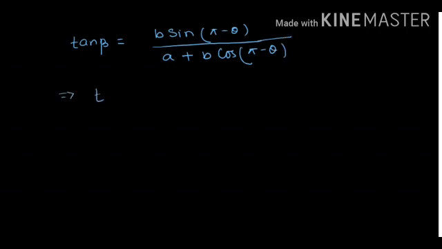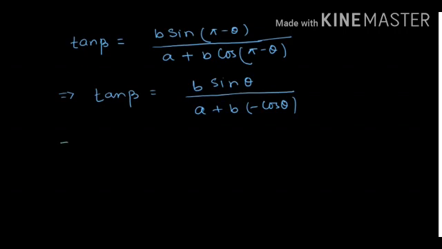Now we get B sine pi minus theta, that is sine 180 degree minus theta is sine theta, by A plus B, again cos 180 degree minus theta is minus cos theta.